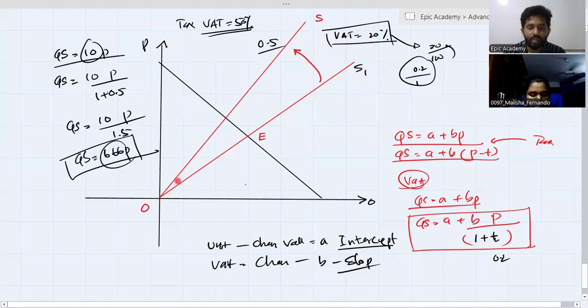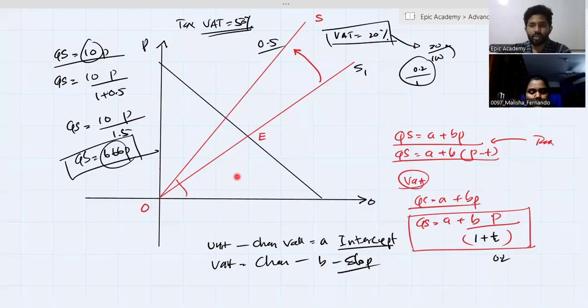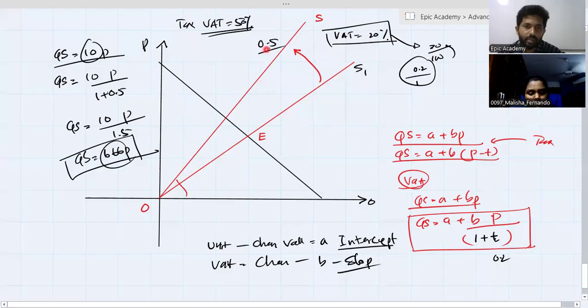The value of the corner can be changed. That's all that happened: only the shape of the curve changes. A is not going to change, the intercept is not going to change, the crossing point of the quantity is not going to change. Only the B value changes.